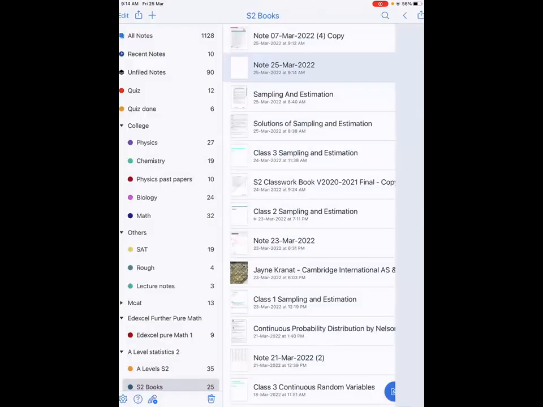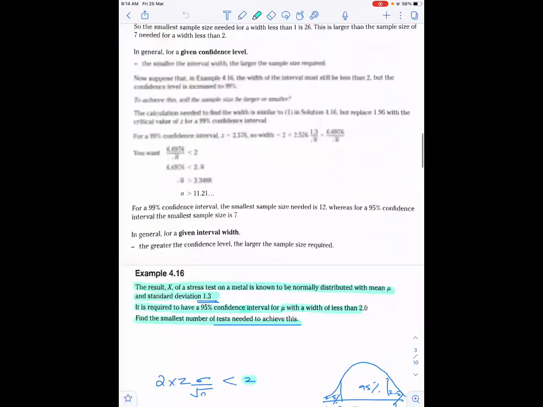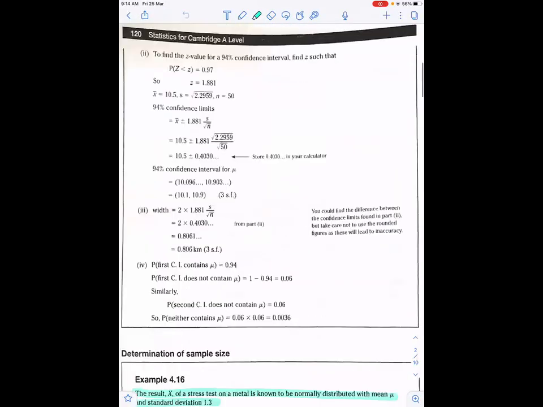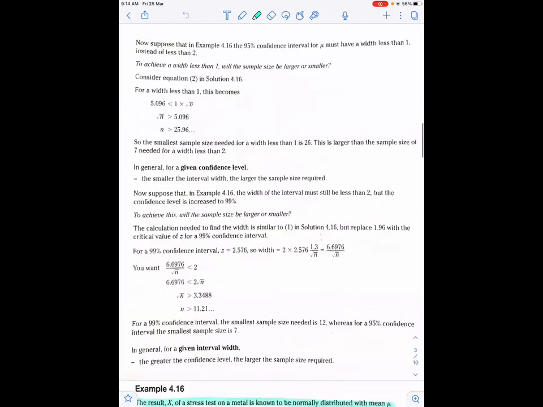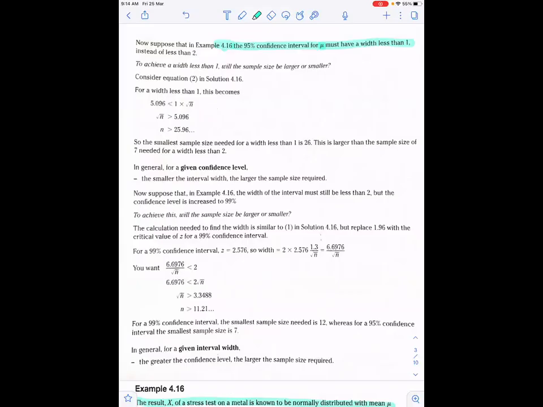Moving on to what the book is actually trying to explain here. Now suppose that in example 4.16, which we've done, the 95% confidence interval for mu must have a width of less than 1.